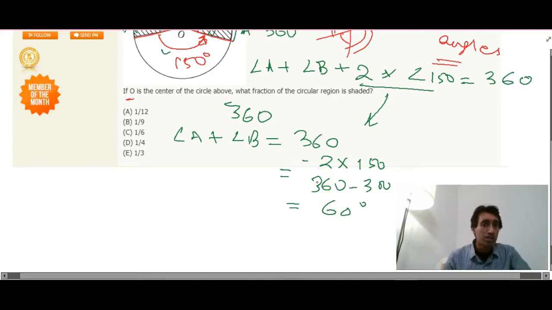Now the question is, what fraction of the circular region is shaded? How do we calculate that?